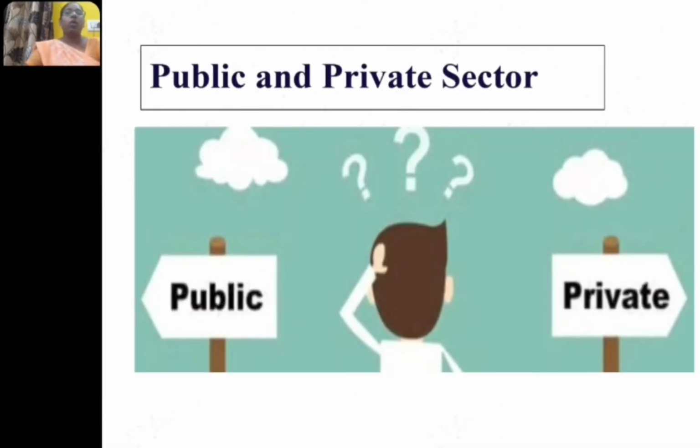Let us know what are public and private sectors. They are all kinds of business organizations, like small scale or large scale industries or textiles. These industries are owned by private individuals or the government in our country.